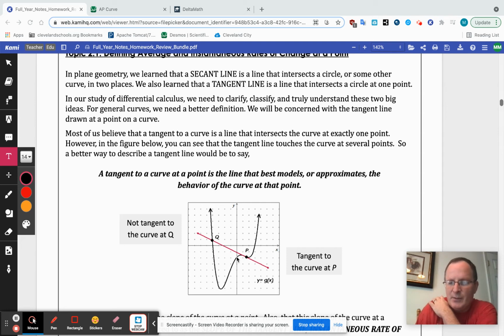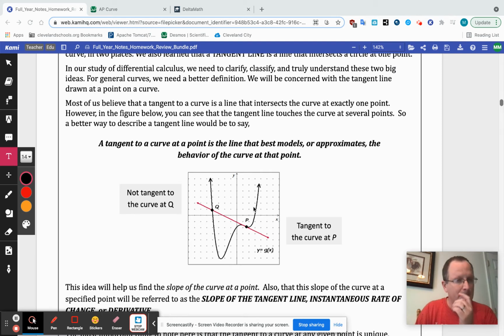We had a little hill, we started going down the hill, and at that point our line should model that behavior of going down that hill, a negative slope there. And then as we came back around, we would have a positive slope, and move on up. Okay, so I love that. It's kind of a definition, but it's a better way to describe the tangent line.